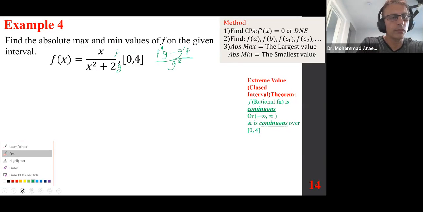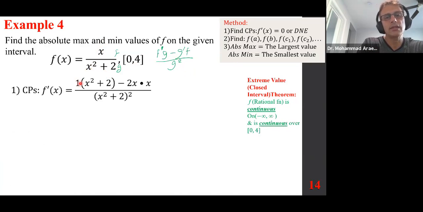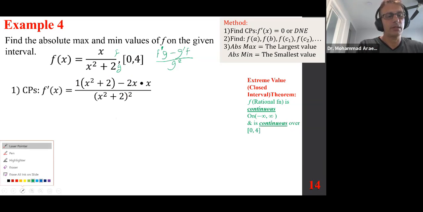So the top gives us 1 times the bottom, x squared plus 2, minus g prime. The denominator gives us 2x times x over the bottom squared, or x squared plus 2 quantity squared. So that is the quotient rule.